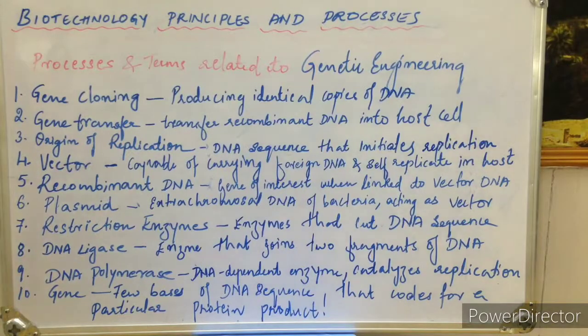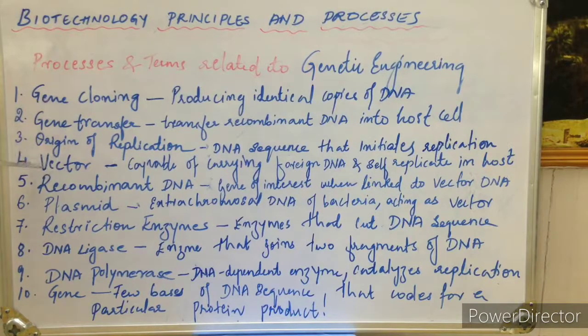Next we are going to see vector. What is a vector? A vector is defined as the DNA molecule that is capable of carrying the gene of interest into the host organism. Now, if you introduce the gene of interest directly into the host organism, the gene of interest cannot be replicated in the host organism unless it is linked to the vector DNA.